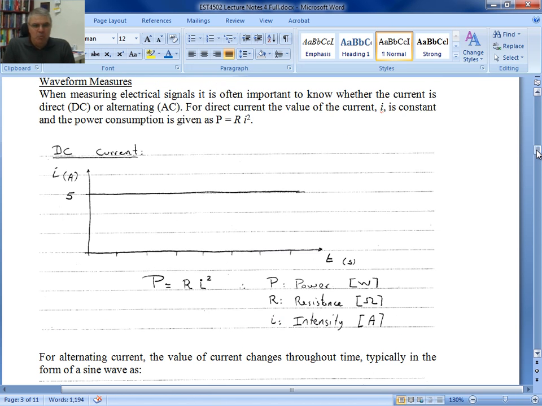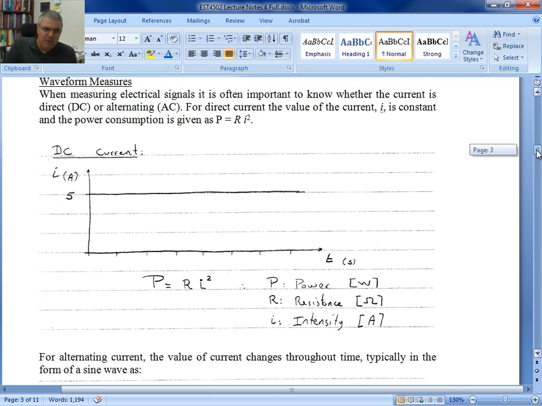The wave of a DC current is shown as such here in this particular figure. If we have a resistor, if we have any kind of resistance, then the power would be proportional to the resistance and the square of the intensity.